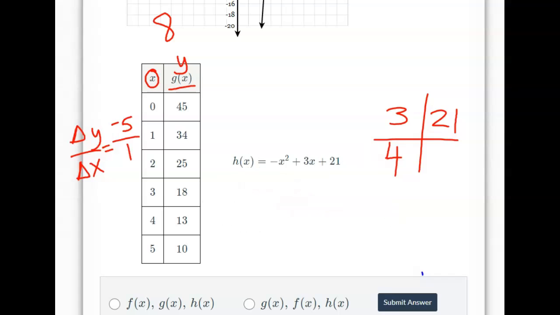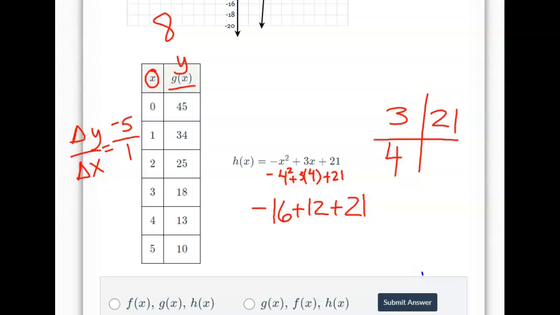Okay, let's do the same thing, inputting 4 into the function. So that becomes -4 squared plus 3 times 4 plus 21. So what I've done is I've placed the 4, substituted the 4 everywhere I see x. 4 squared is 16, but then I must take the opposite, plus 12. 3 times 4 is 12, plus 21.